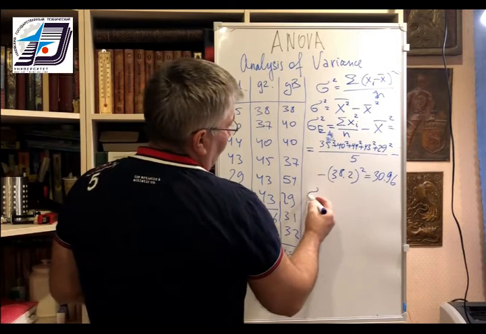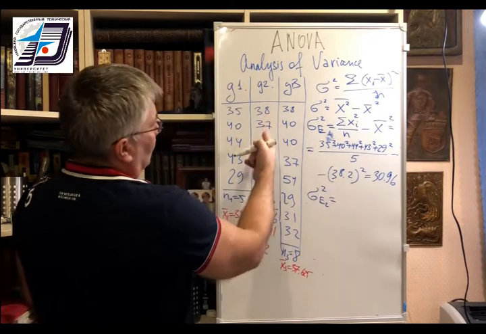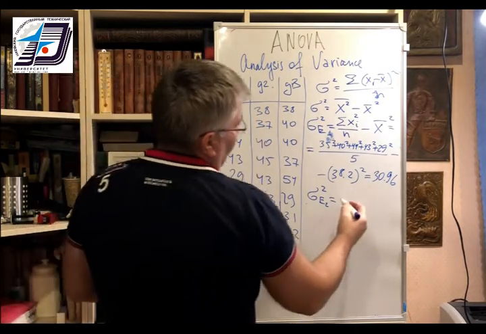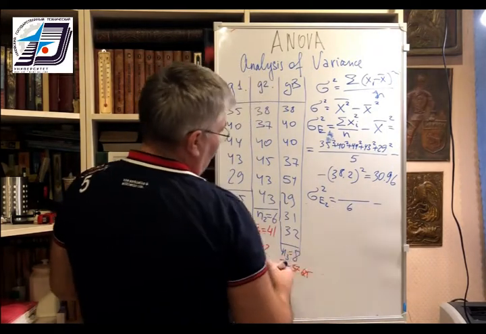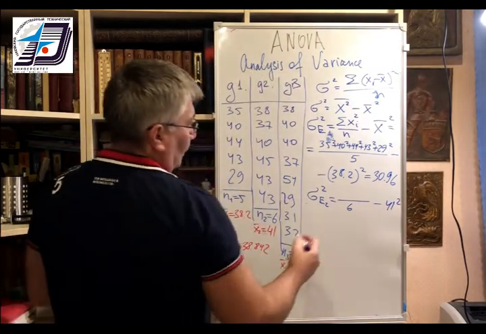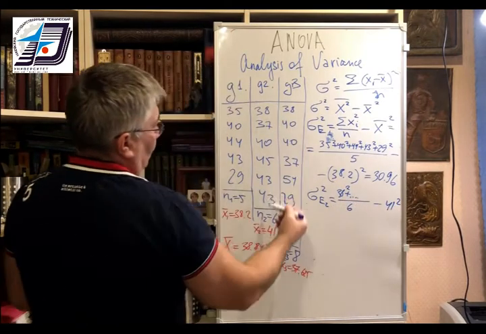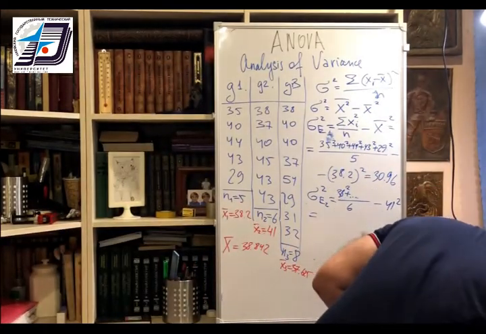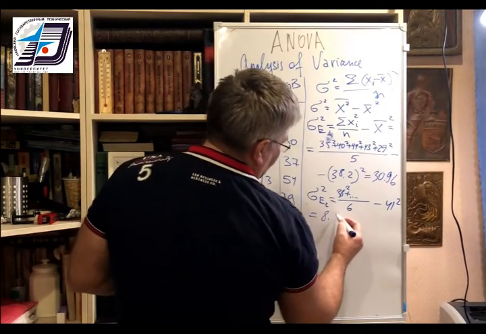The second one, I put one more formula. You have to write the squares of all these given elements, divide by 6 and take away 41 squared, all of them 6 numbers, and you have 8.33.